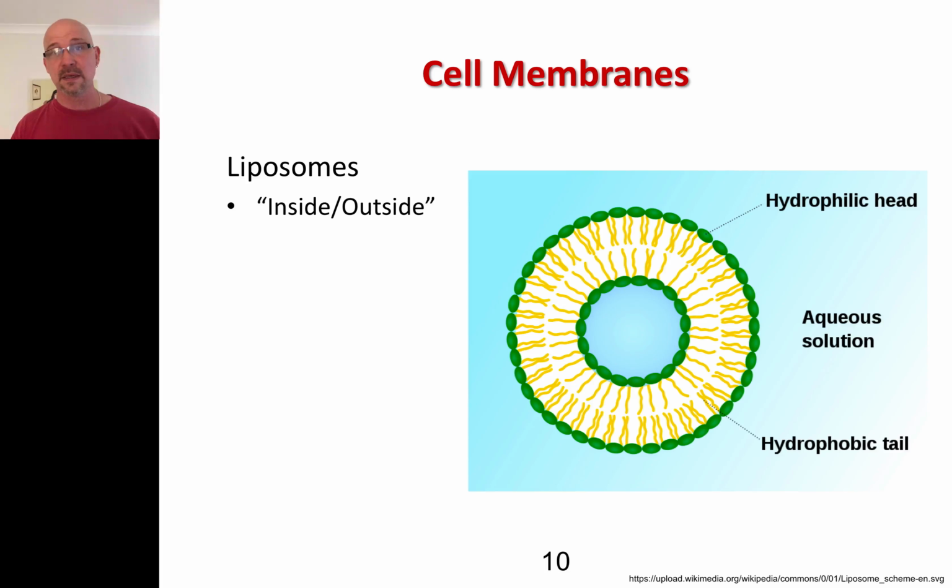And cells are just fancy liposomes. That's all they are. So get a whole bunch of fat and some phosphate and all those ingredients, throw them into the ocean, and they will start to form little spherical fat blobs with the ocean on the outside and the ocean on the inside, but the two are separated. Very important evolutionary step.